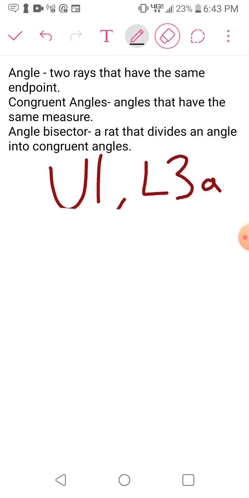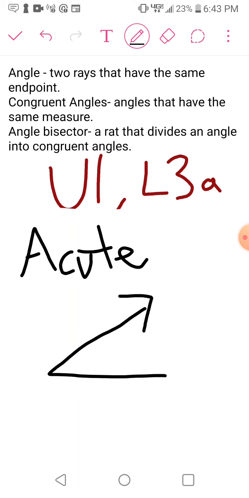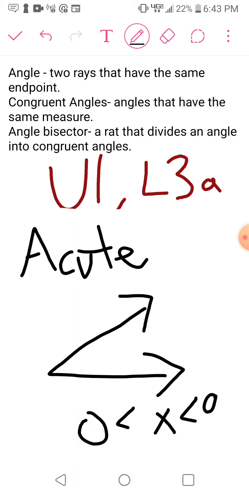And then there's certain kinds of angles, and there is acute. So first let's talk about acute. It's ones that have measures that are more than 0 but less than 90 degrees.